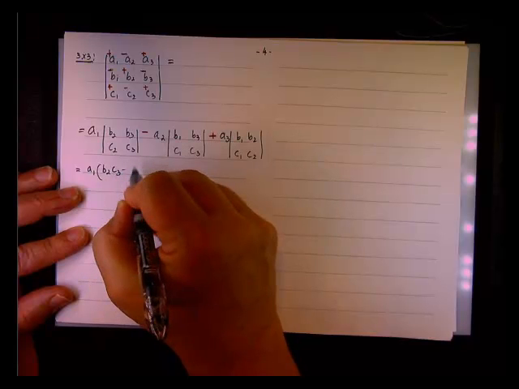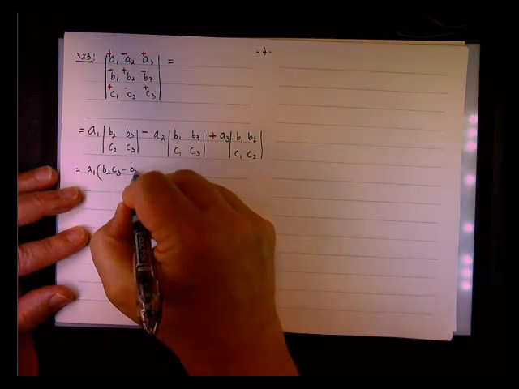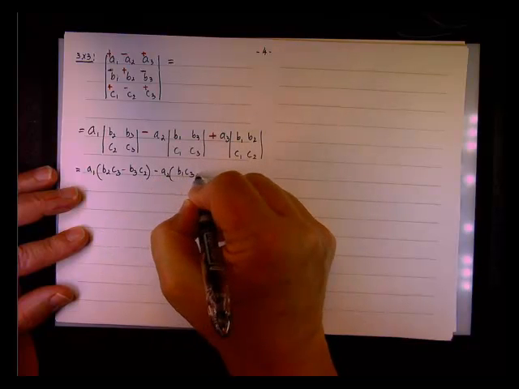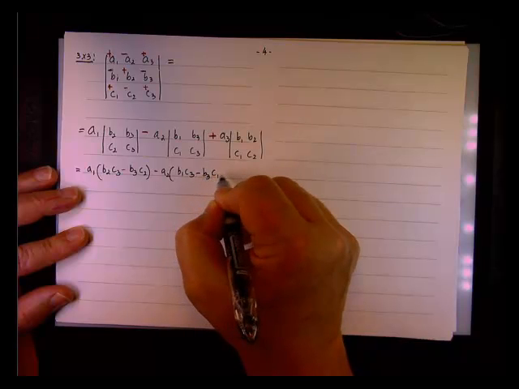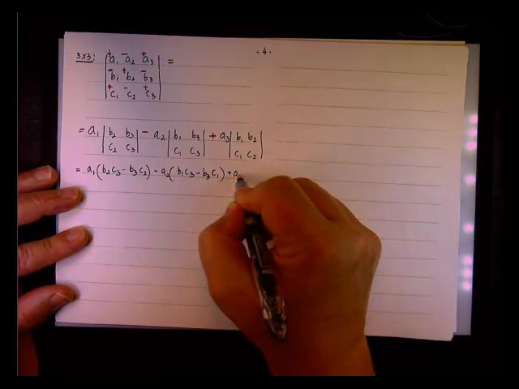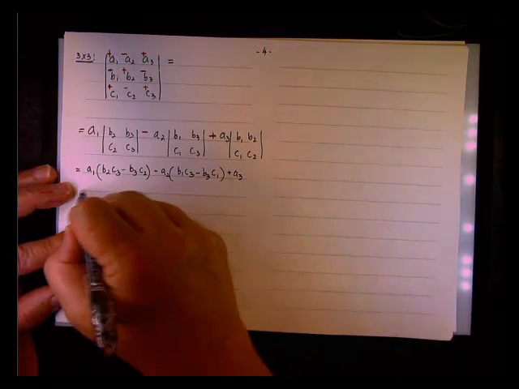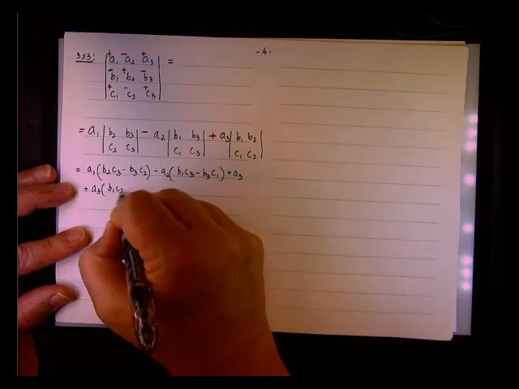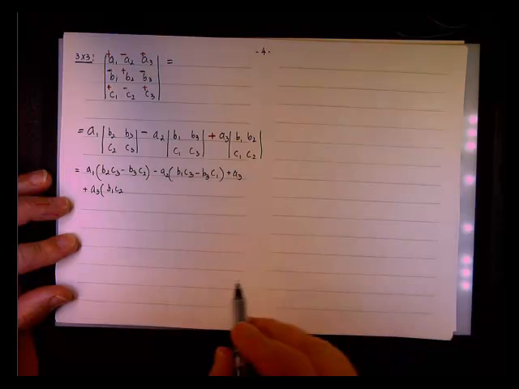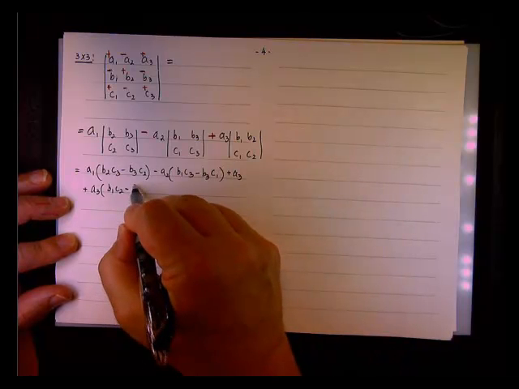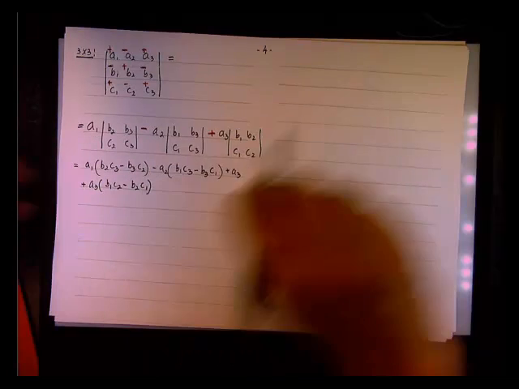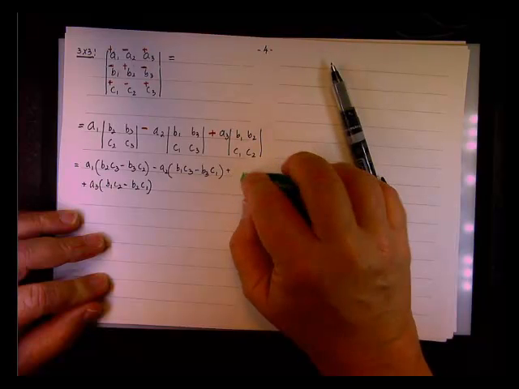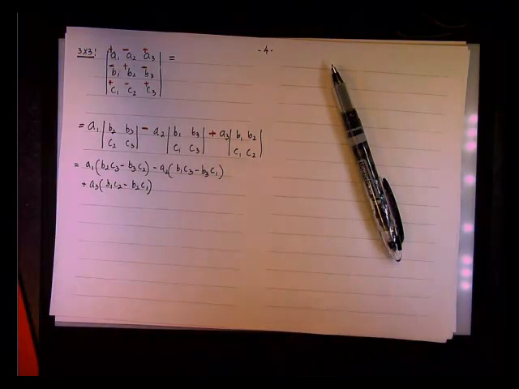When you want to calculate it, you have A1 multiplied by the major diagonal minus the minor diagonal, minus A2 times B1, C3 minus B3, C1, and then plus A3 times B1, C2, minus B2, C1.